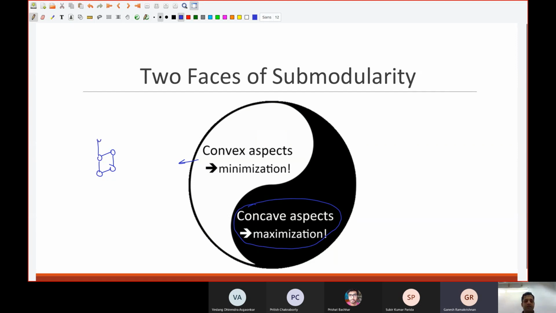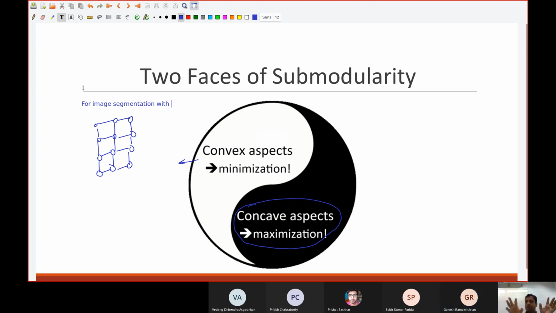So let's say you have a grid. Okay, and you're trying to do, say, image segmentation. For image segmentation, you remember the submodular property that if you're trying to do energy minimization, the energy of 0,0 plus 1,1 should be less than the energy of 0,1 and 1,0.